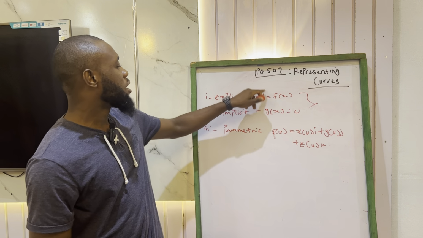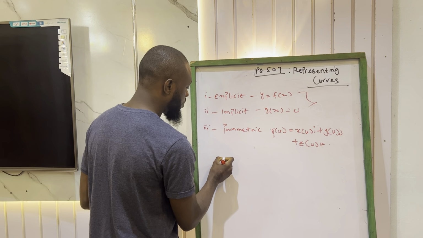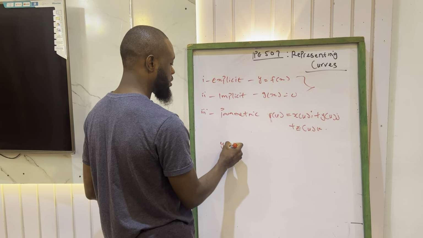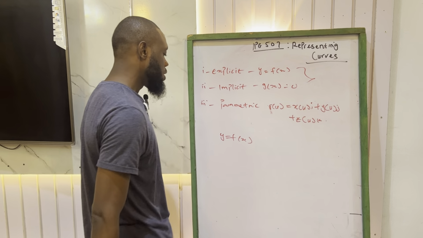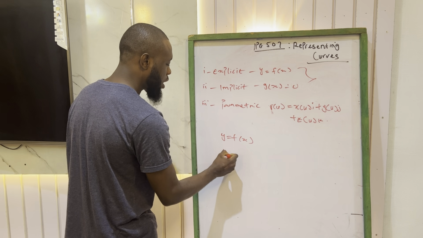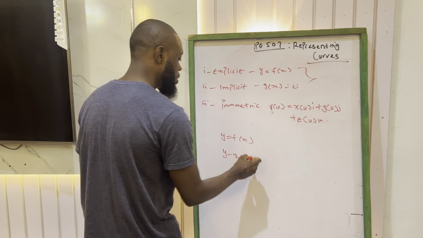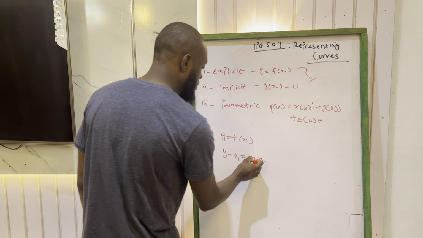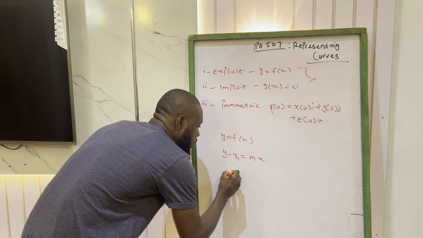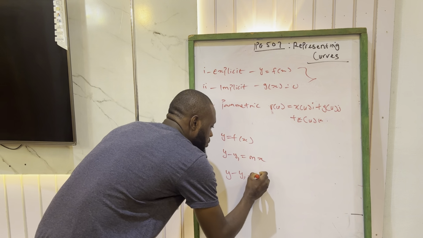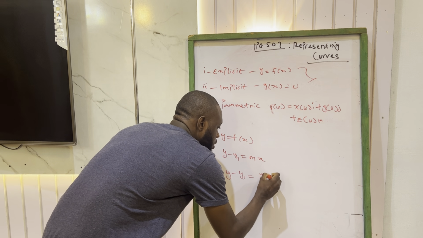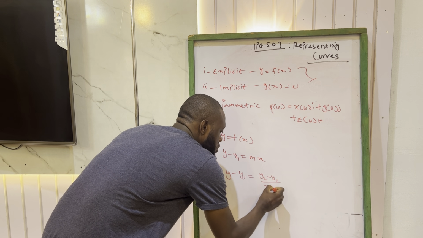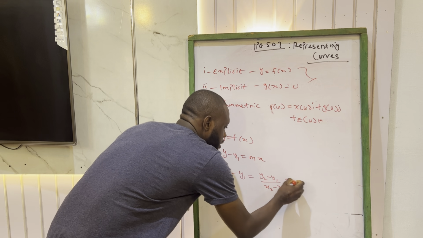In the sense that, let's look at this for example. If we have y in the form of y equals f of x, so let's say the equation of a straight line, which is y minus y1 equals m x, where y minus y1 equals y2 minus y1 over x2 minus x1 times x.